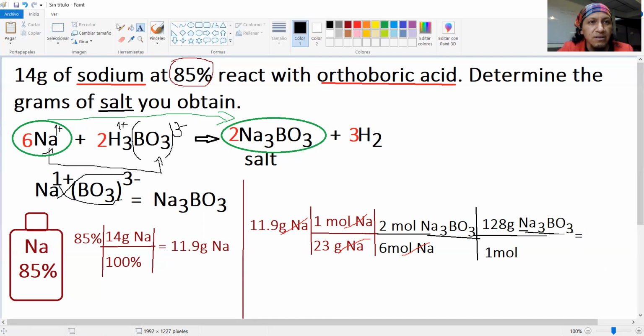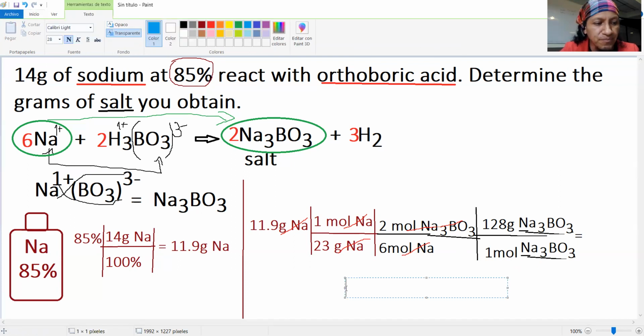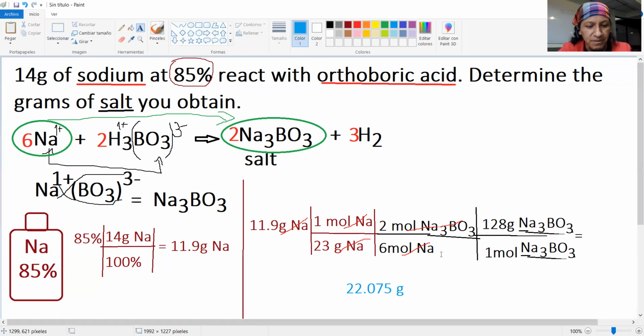You cancel the moles of the salt, 1 mole of the salt has those grams of the salt, and at the end it's going to give you the final answer, 22.075 grams of the salt.